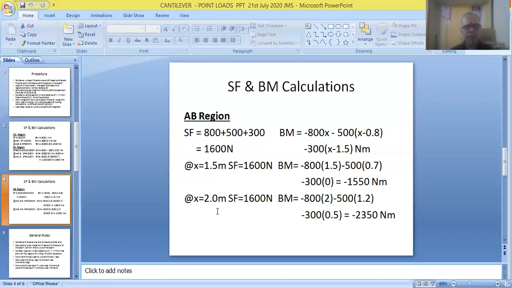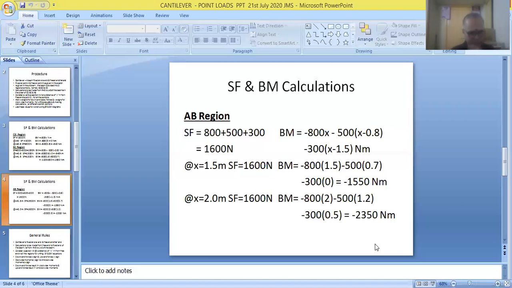Take the value of X as 2.0 and put it in this equation, and it will be obtained as 2350 Newton meters. All the moments in this problem are acting in clockwise direction, so we have to allocate a negative symbol for indicating clockwise moments. So this is written as minus 1550, and this is written as 2350.